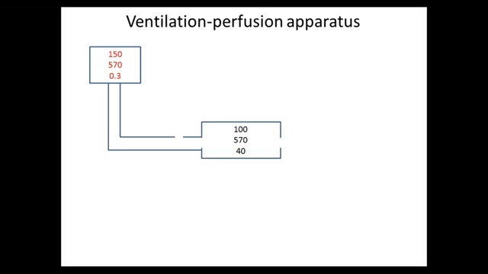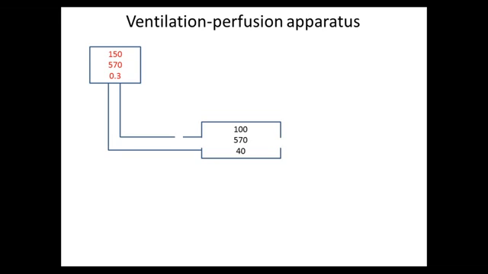So the partial pressure of oxygen will drop from 150 to 100 in the alveoli. So the partial pressure of oxygen in the alveoli in a healthy subject is around 100 millimeter mercury.